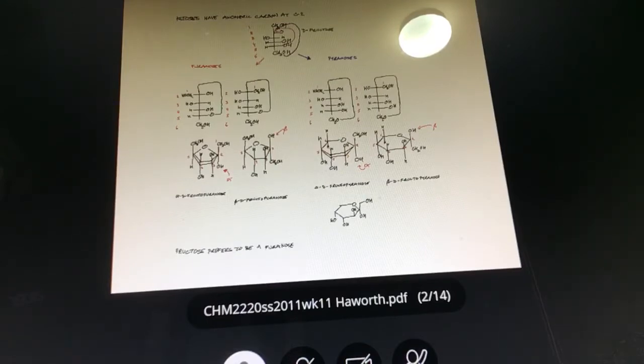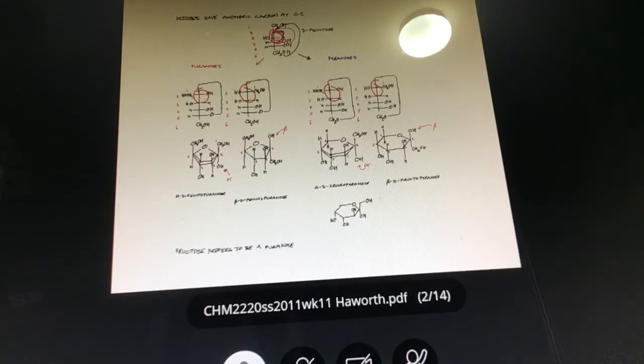Ketoses don't have the luxury of having the anomeric carbon be carbon number 1. For fructose, the anomeric carbon is carbon number 2. That means that the carbon that is bonded to 2 oxygens in all of these Fisher projections and then into Haworth projections is not carbon number 1.